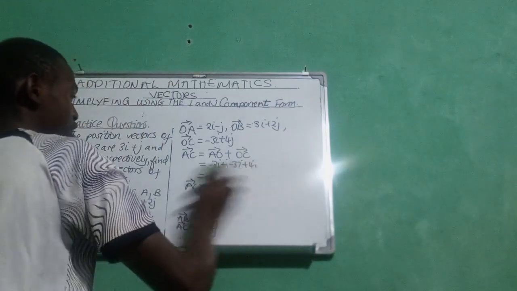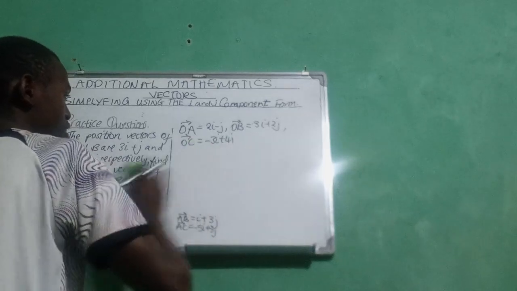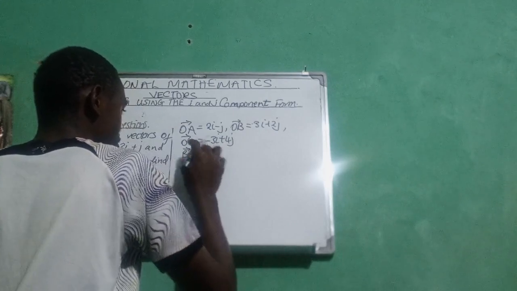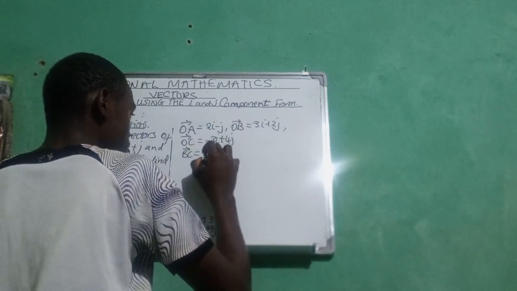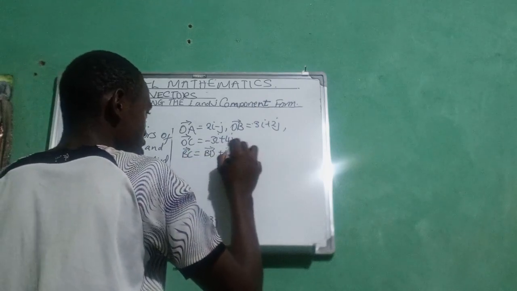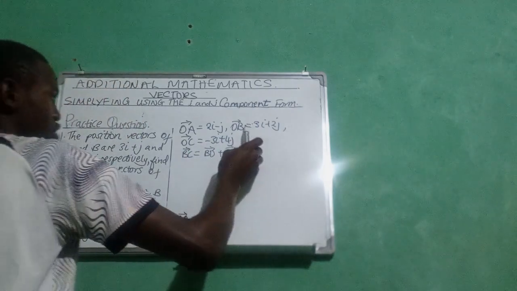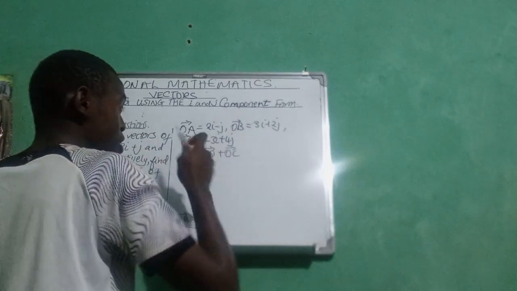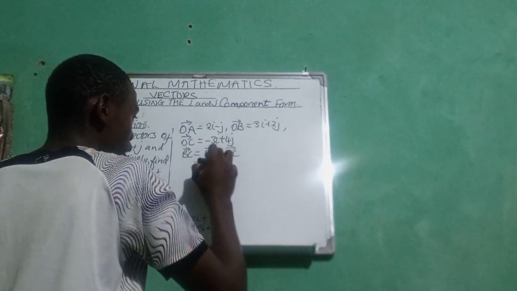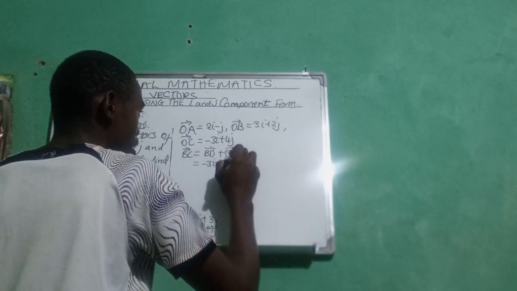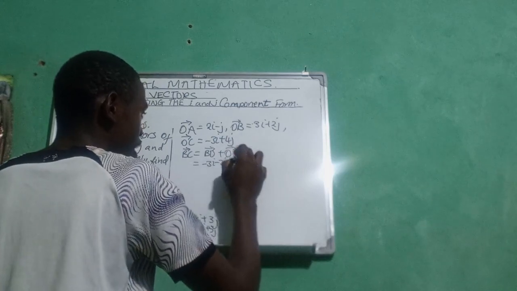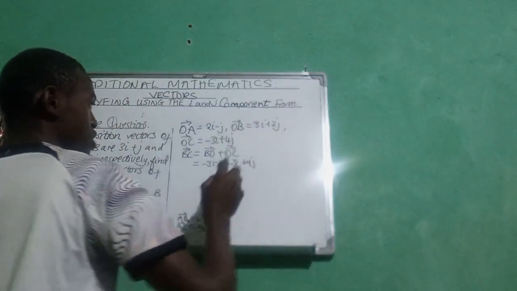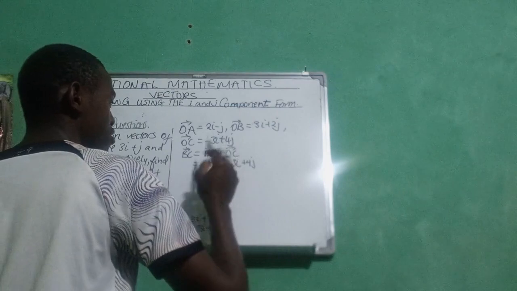Alright, after finding our AC, then we also find our BC. So BC is equal to BO plus OC. BO means we're going in the opposite direction of OB, which means everything that is positive becomes negative. BO therefore will be minus 3i minus 2j, and OC is minus 3i plus 4j, which we're just getting as it is.